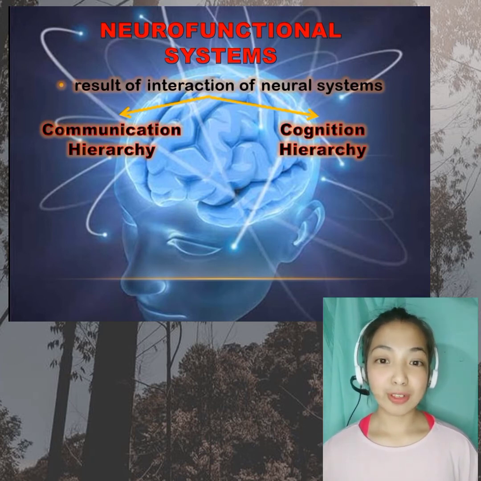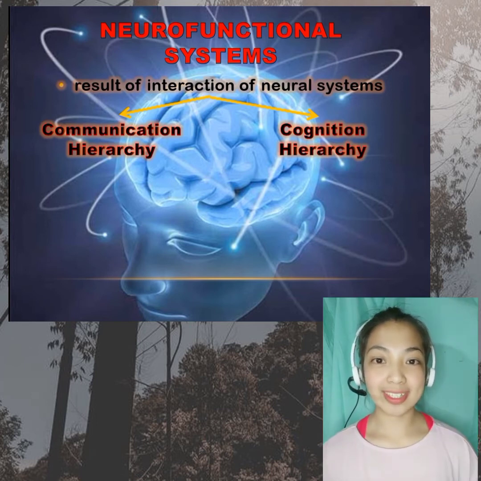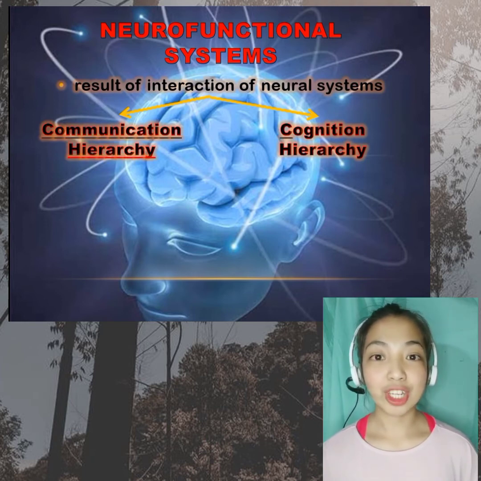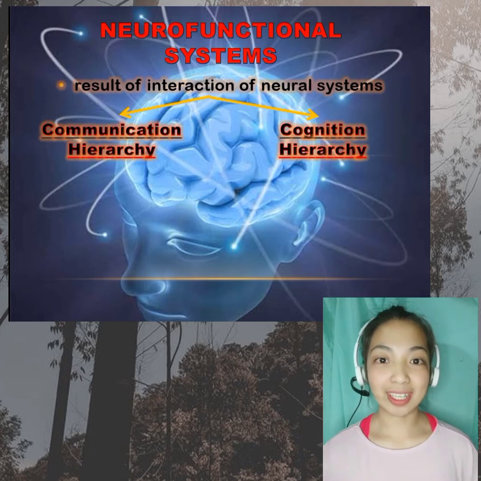Lamendella had also conceptualized networks of knowledge as vertical hierarchies of neurofunctional systems. The two major hierarchies involved in information processing, which are also called the networks of knowledge, are the communication hierarchy and the cognition hierarchy.